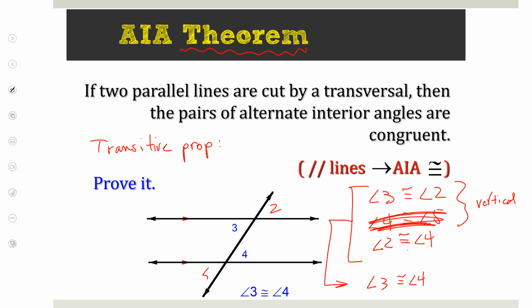Transitive property: if two things are equal to the same thing, they are equal. And you can do height, age, weight, all kinds of comparisons.